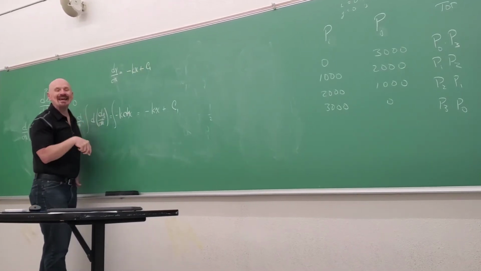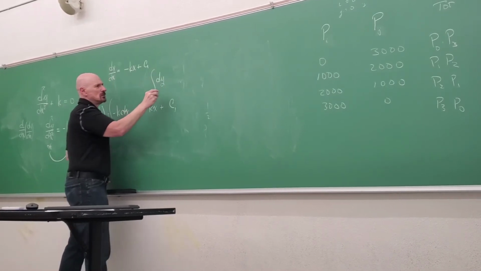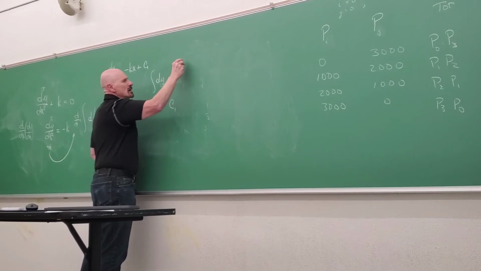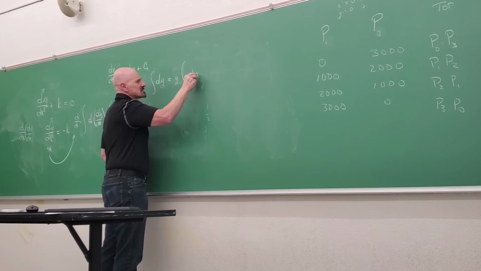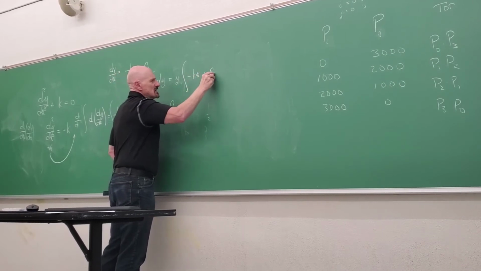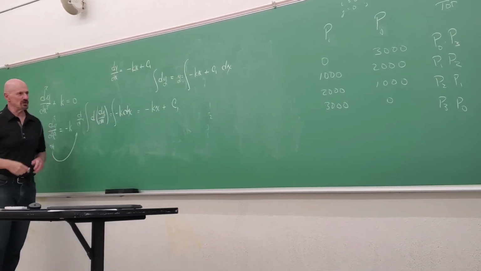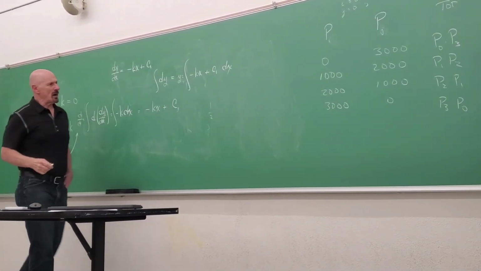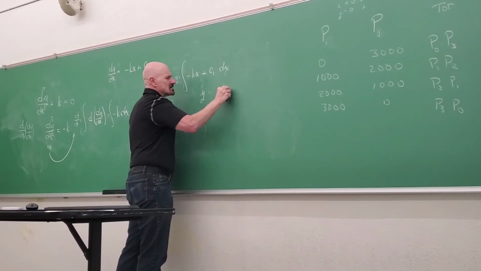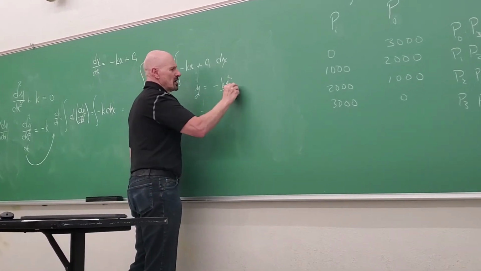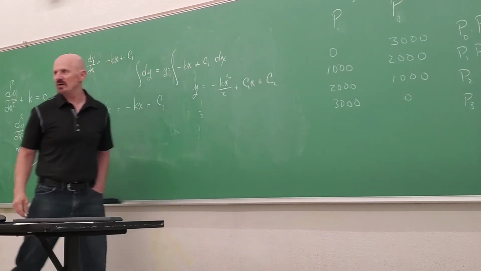Now I want to do it again. So I have the integral of dy, which will be equal to y, is going to be the integral of minus kx plus C1 dx. When I do that, y now becomes minus kx squared over 2 plus C1x plus a second constant of integration, C2.